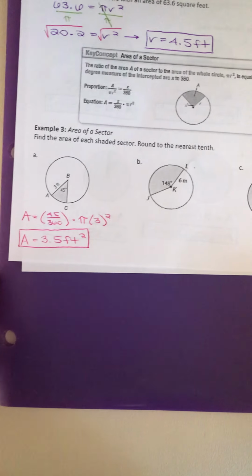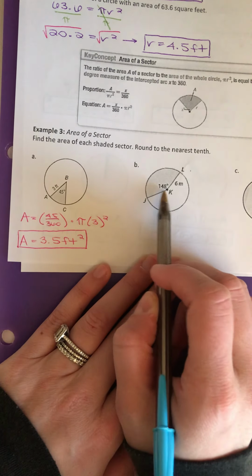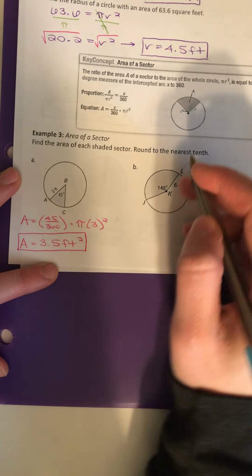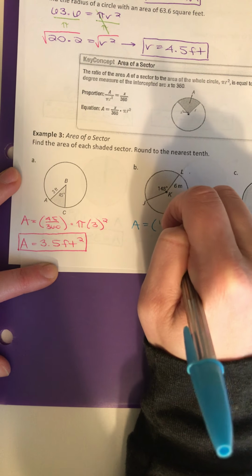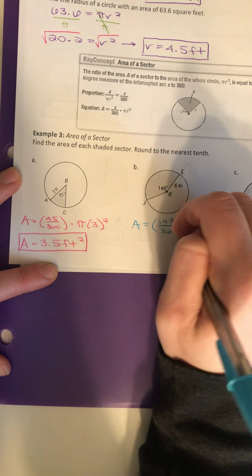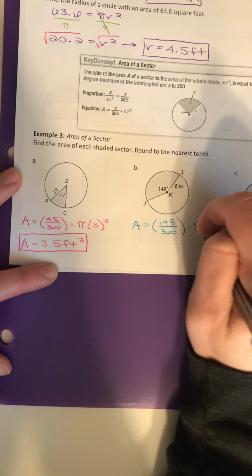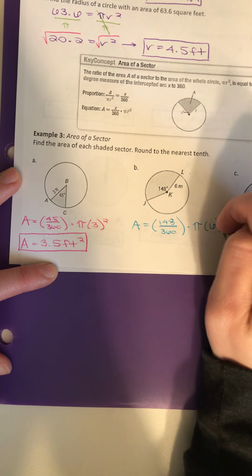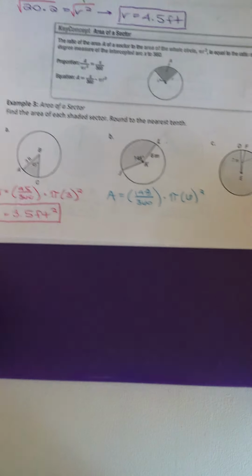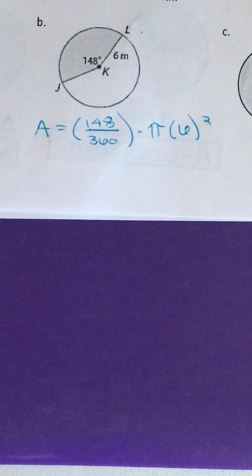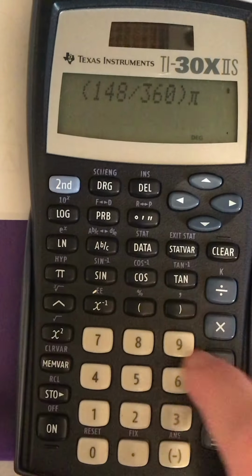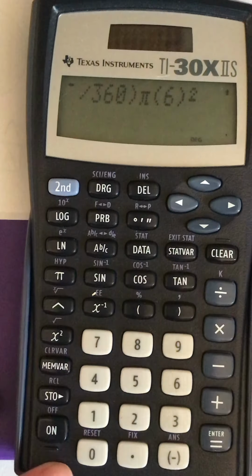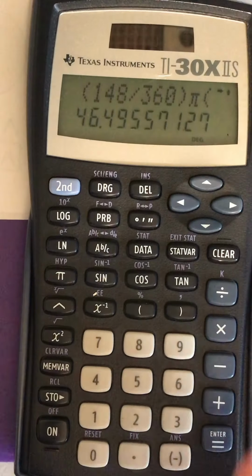Pretty simple. Let's look at the next one. The next one is 148. So area is 148 out of 360 times pi 6 squared. 148 divided by 360 pi 6 squared, and we get 46.5.